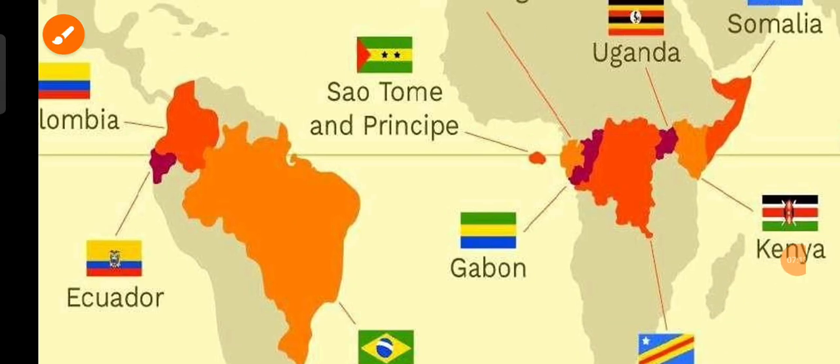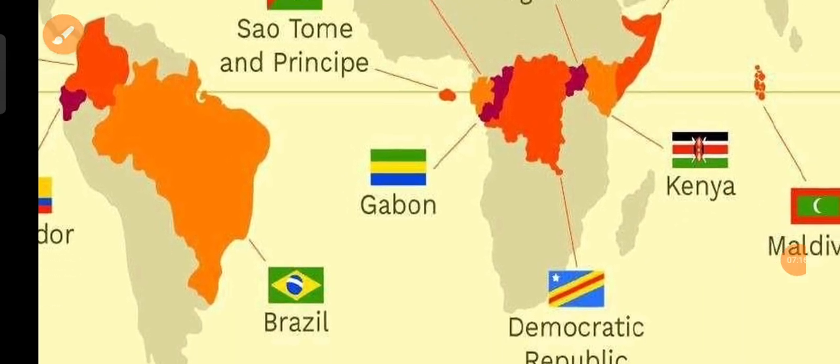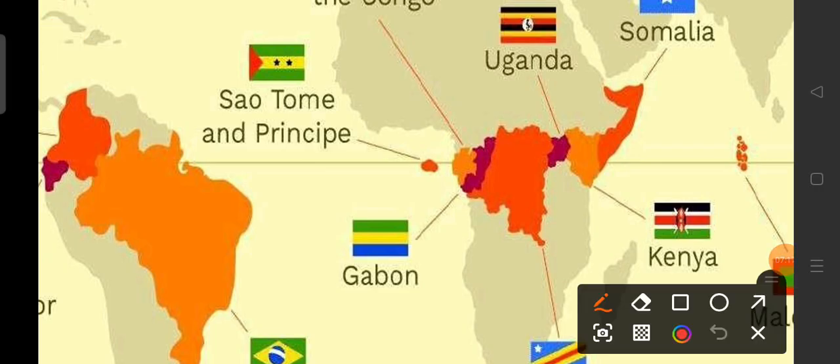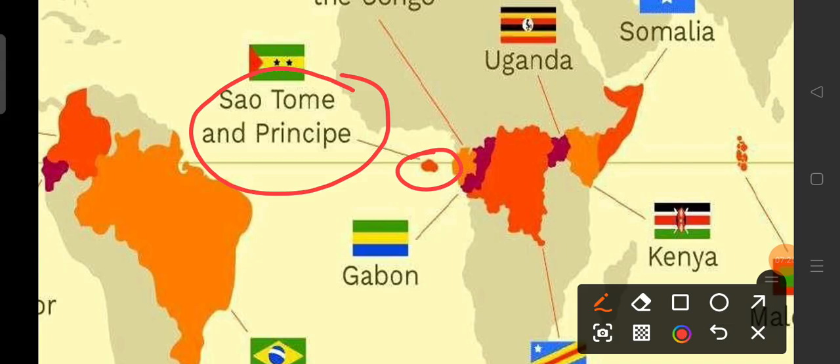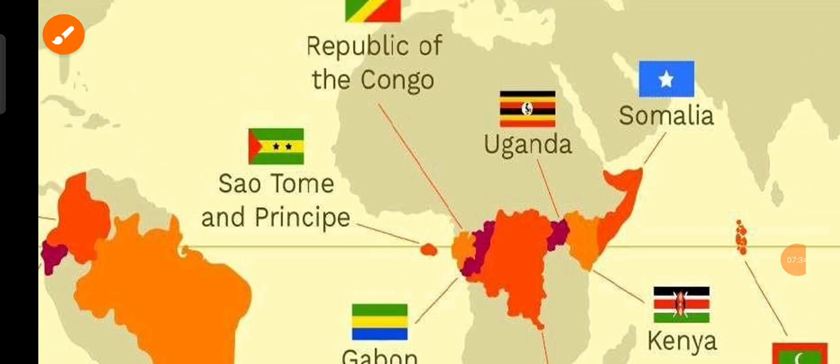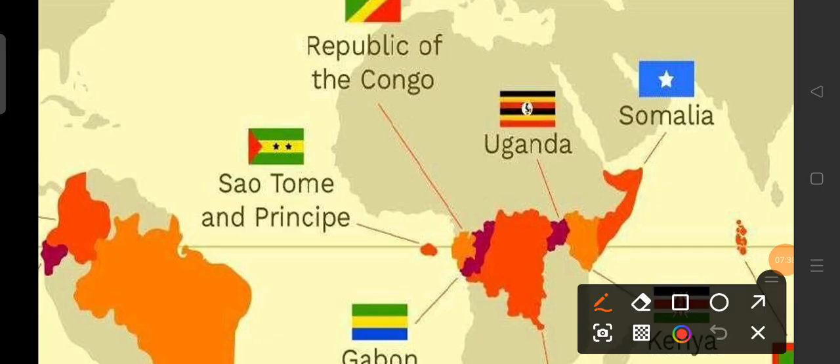Then here there is a small country, this is an African country, Sao Tome and Principe. It is in the Atlantic Ocean. Then it is Gabon, and here also a small country named DRC, Republic of Congo.